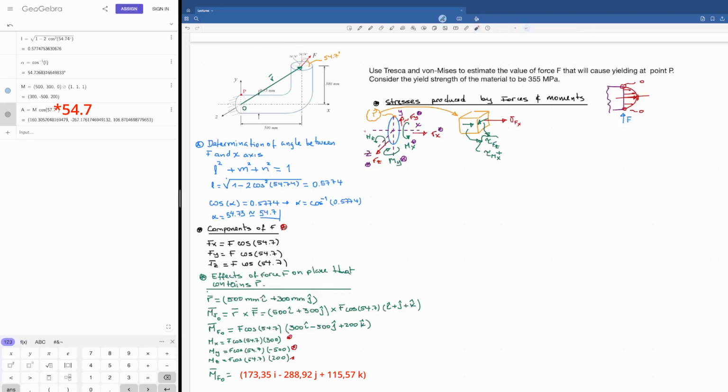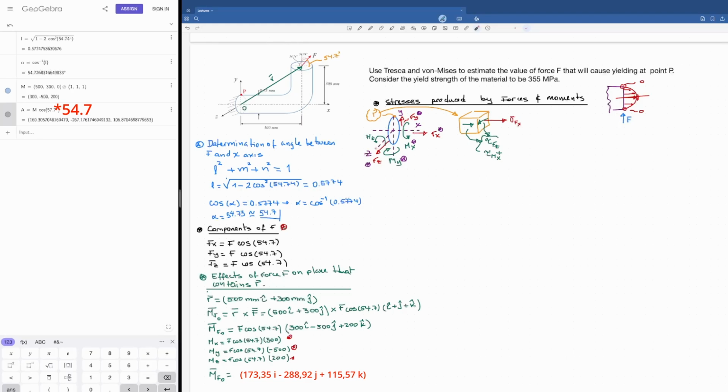Finally, we have moment Mz, which also creates a bending moment in the way it is applied with respect to this section. And yes, here is going to be the maximum bending moment you are going to have, because P, according to the bending produced by Mz, is going to have a maximum compressive stress. Yes, that's correct.